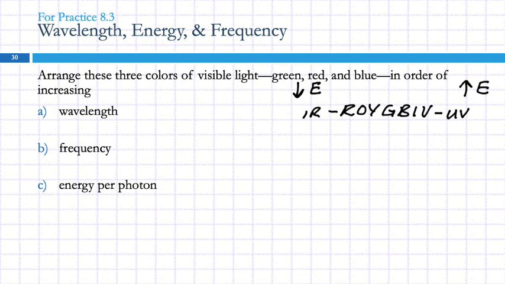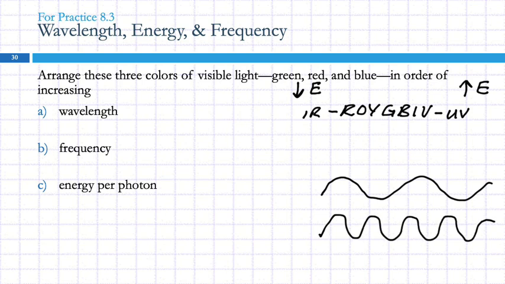So the next thing I'm going to do is draw two pictures of waves. And so here's my wavelength, right? The distance between the waves. And then which of these has more energy? The top one or the bottom one? The bottom one. Well, is there something special you have to remember?